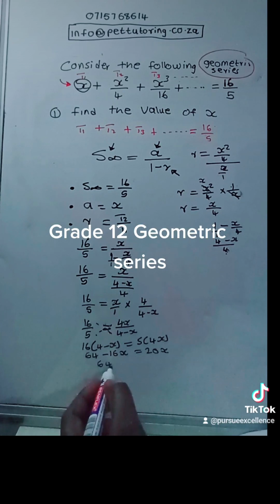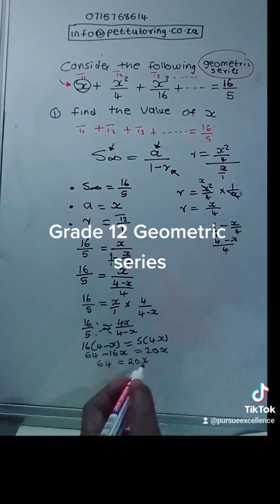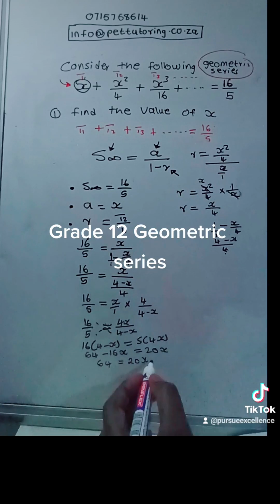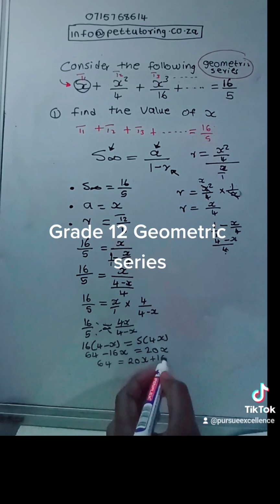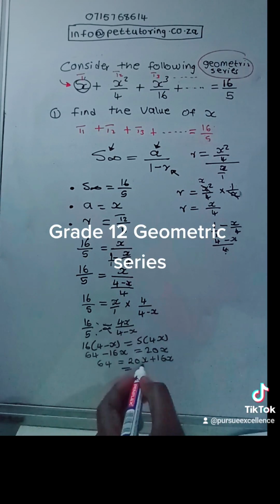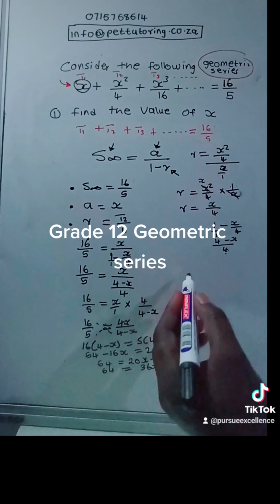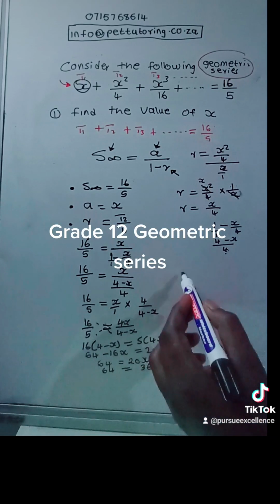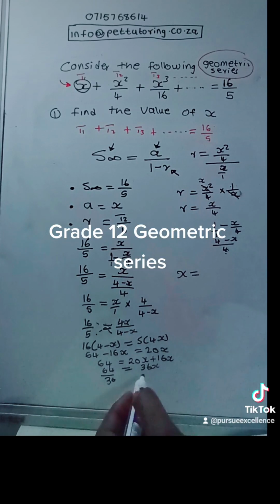So I will leave 64 on my left hand side, 20x, and we'll take this 16x to the right hand side. It's negative, it's going to be positive. Then here into this right hand side, it's going to be 20x plus 16x, which is going to be 36x. That's 64. So it's going to be my x now, because I have to divide both sides by 36.